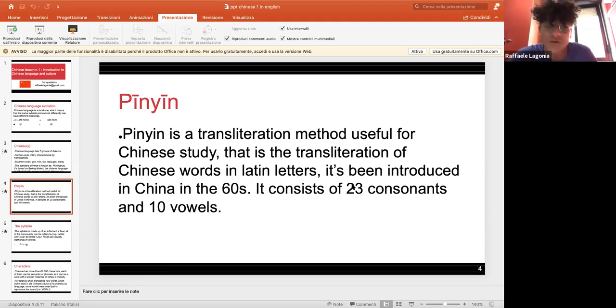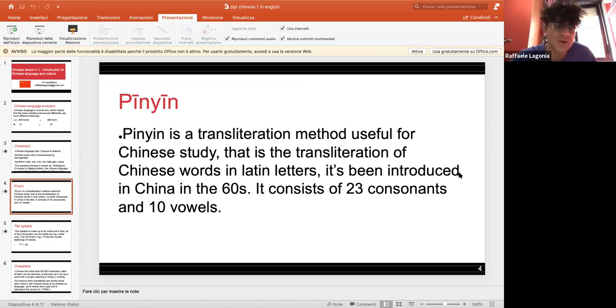It was introduced in China in the 60s, and it consists of 23 consonants and 10 vowels. So Pinyin is, as I just read, the transliteration in Latin letters of Chinese words.